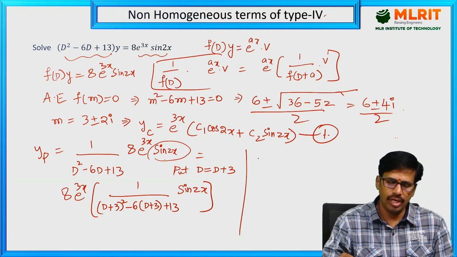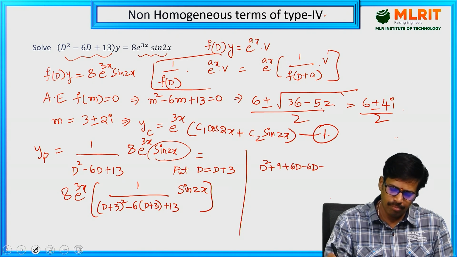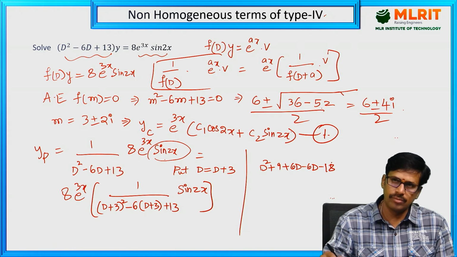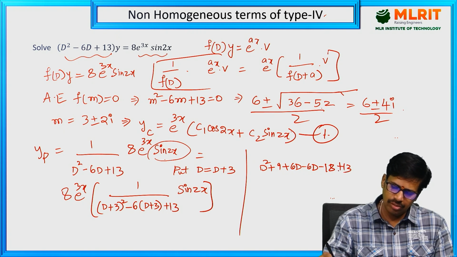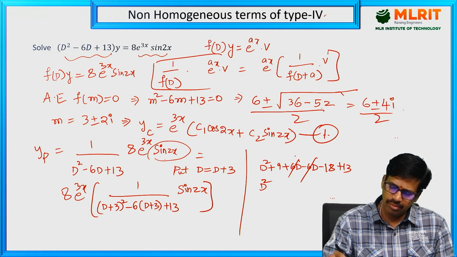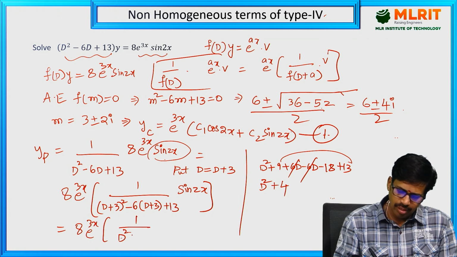So if you solve this, what you'll get? Denominator value D squared plus 9 plus 6D minus 6D minus 18 plus 13. So plus 6D minus 6D cancel. 9 plus 13 is 22, minus 18 is 4, so D squared plus 4. So this is 8 e power 3x 1 by D squared plus 4 into sin 2x.